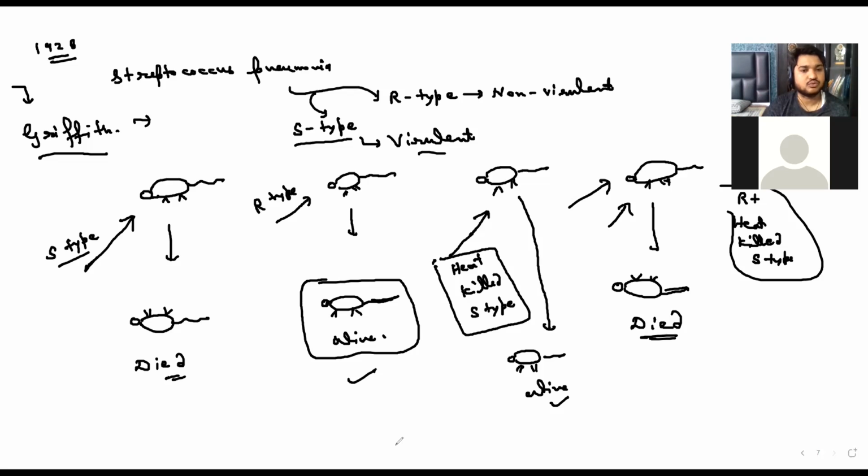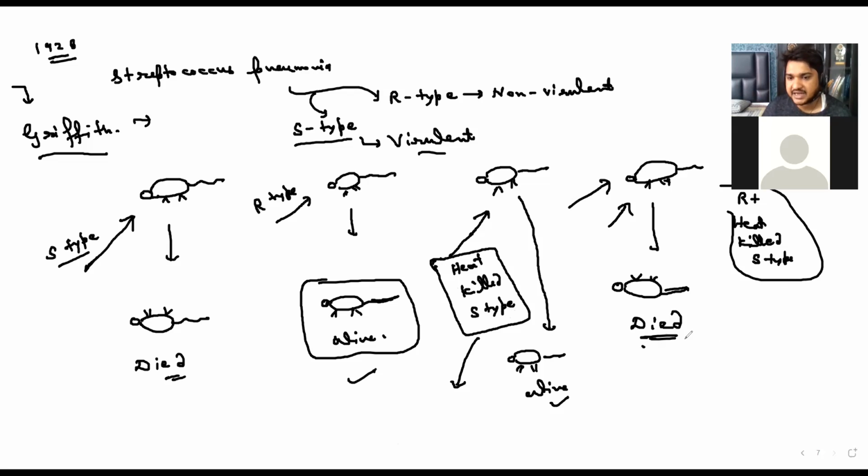Okay, so now what I have to say, see, if I have given the heat to the S type, heat killed S type, it means it has already died. Bacteria has already died, so definitely it is not because of heat killed S type, because once anyone dies, they can't become alive.